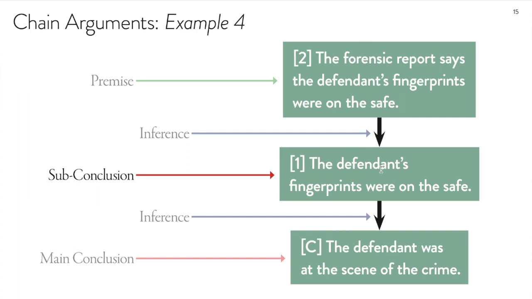Remember, a premise is anything that supports the main conclusion. But with those premises, we can distinguish just regular old premises that have no arrows going into them from sub-conclusion premises, which do have an arrow going into them and then one flowing out of. So again, sub-conclusions are just premises that are used along the way to get us to that conclusion, a little pit stop.